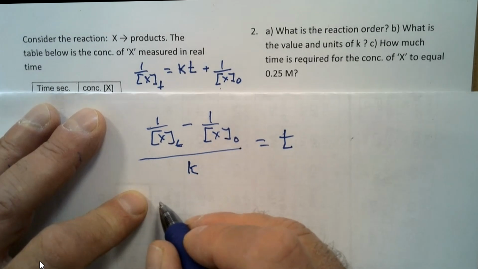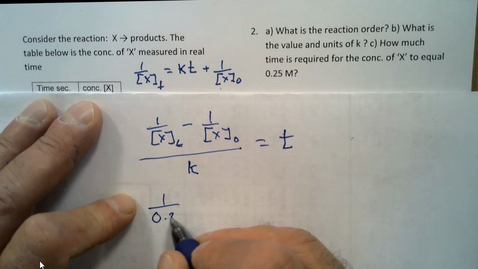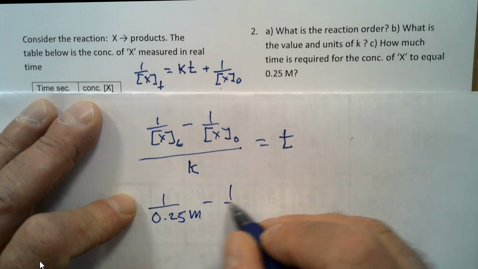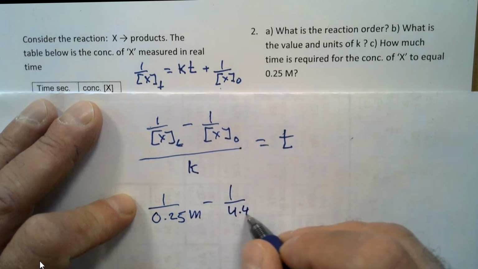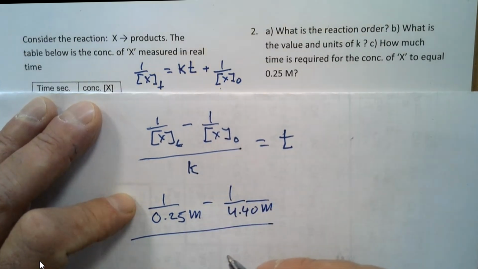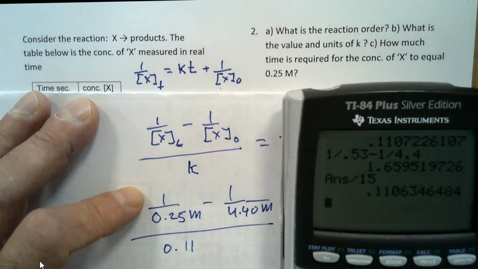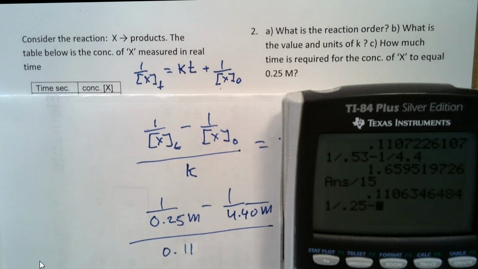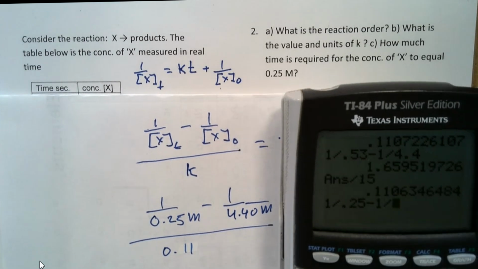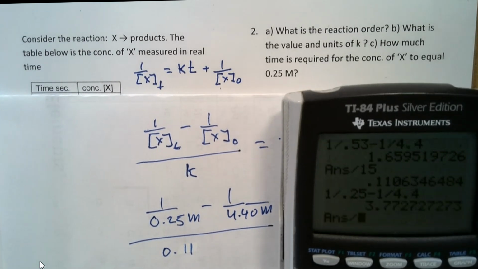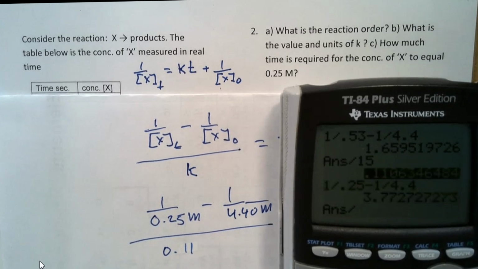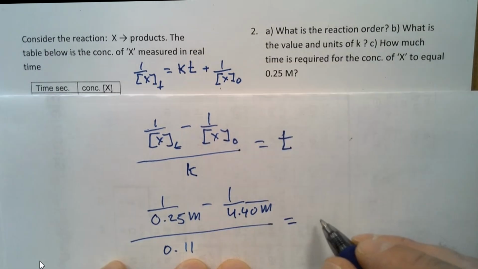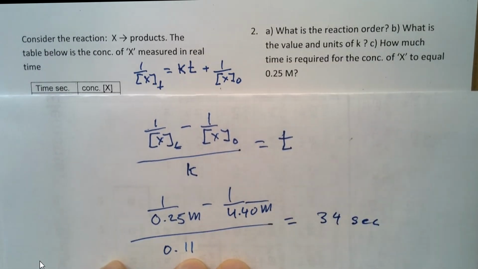So here we go. 1 divided by 0.25 molar minus 1 over 4.4 molar, divided by this rate constant. I'm just going to scroll up and get that last one we did, put it in there, hit enter. We're going to get 34 seconds.